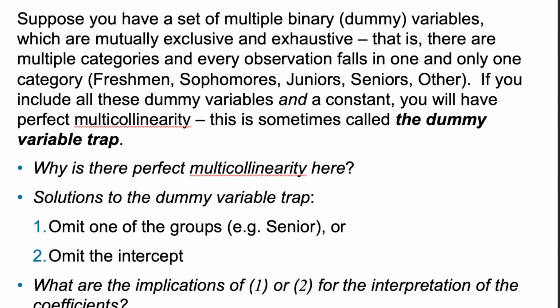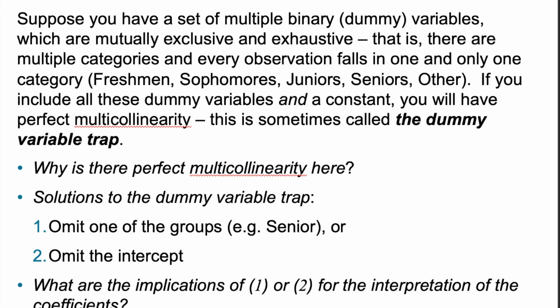If you write a dummy variable for all of these categories, such as F equals 1 if freshmen and 0 otherwise, SO equals 1 if sophomores and 0 otherwise, J equals 1 if juniors and 0 otherwise, SE equals 1 if seniors, 0 otherwise, and OT equals 1 if other and 0 otherwise.